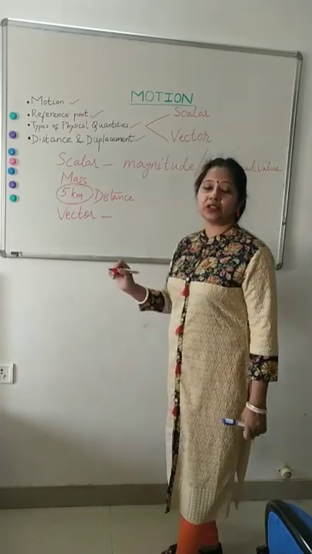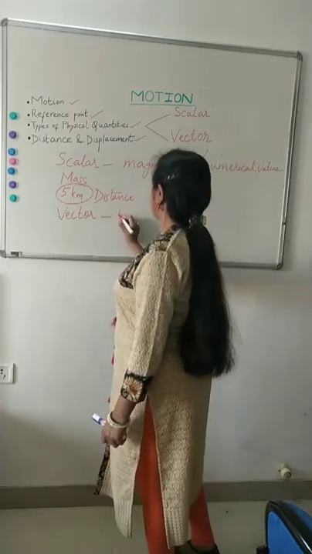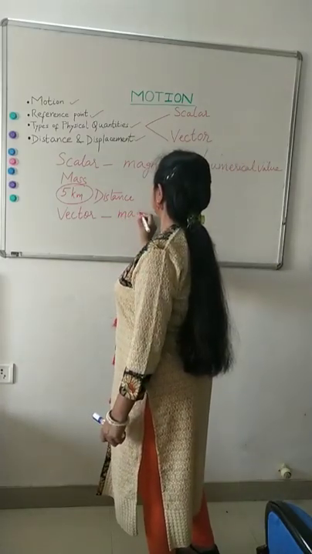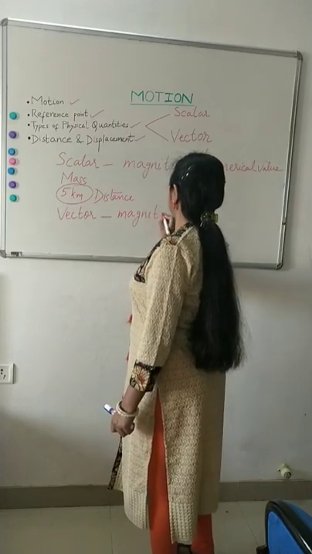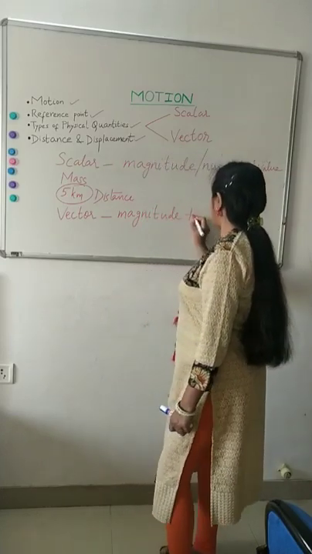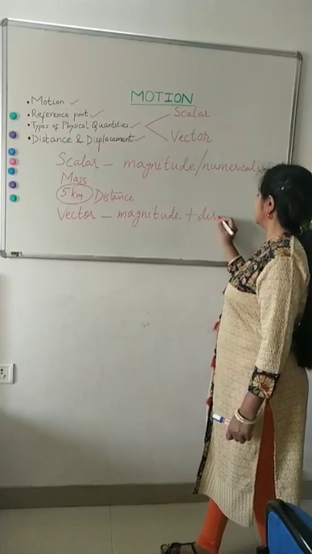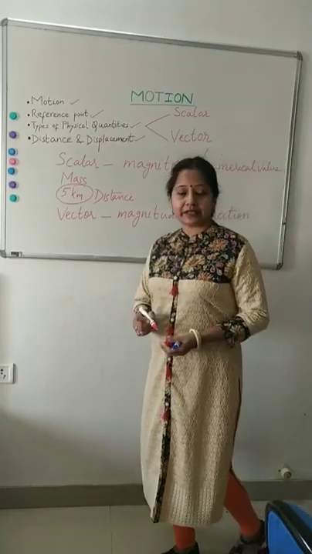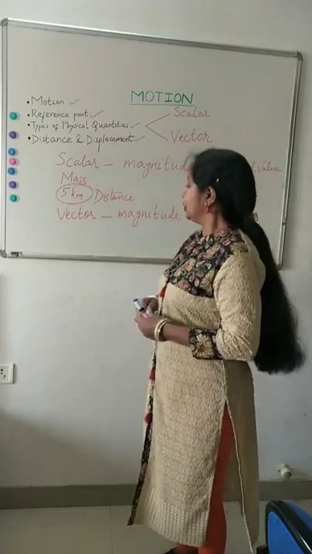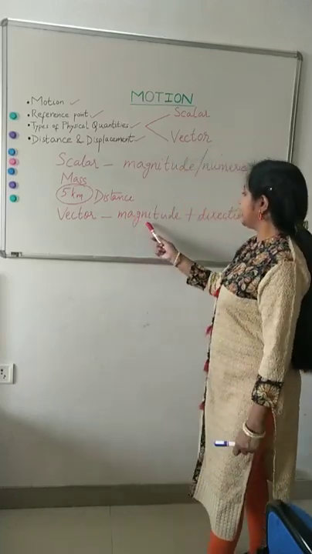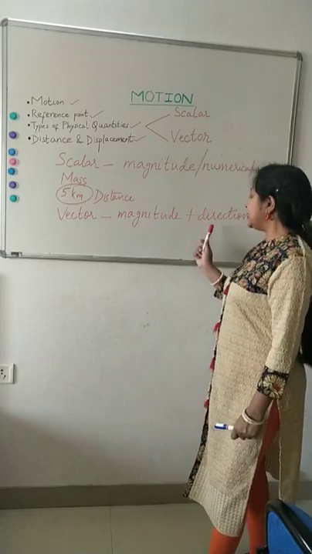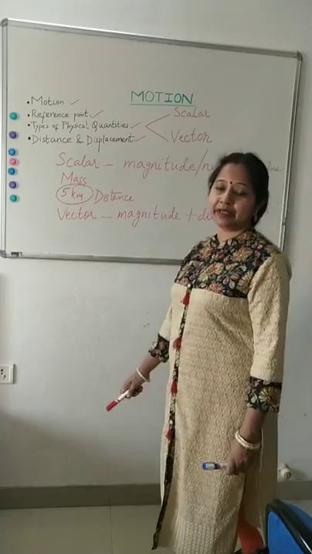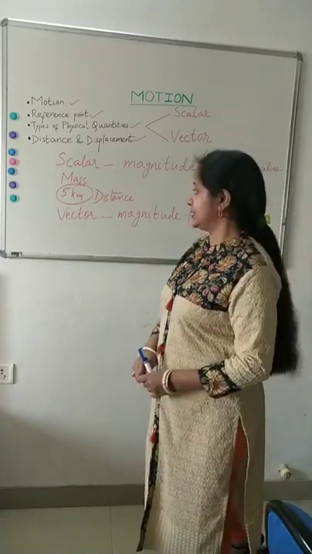Vector quantities are those which require both magnitude and direction for their complete description. So, those physical quantities which require magnitude and direction to describe them completely are known as vector quantities.